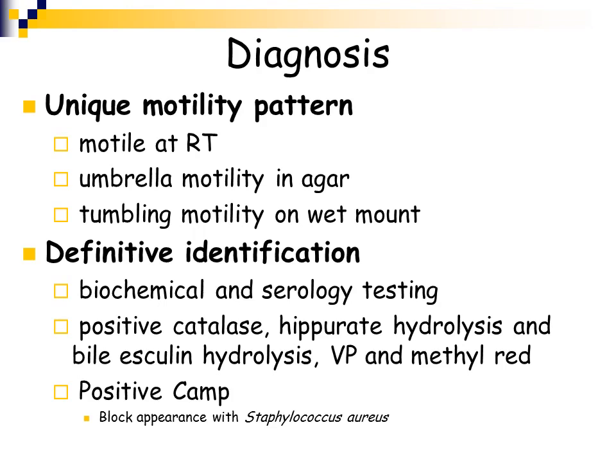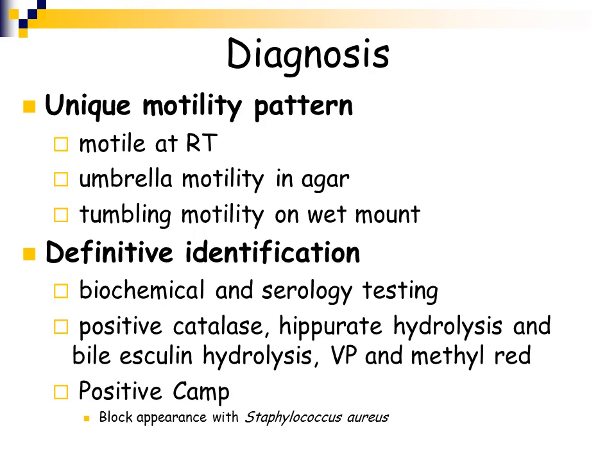That motility pattern of Listeria is key. The fact that it is more motile at room temperature than at body temperature, that umbrella motility, and the fact that it has a tumbling motility if you were to do a wet mount are very key features of Listeria.